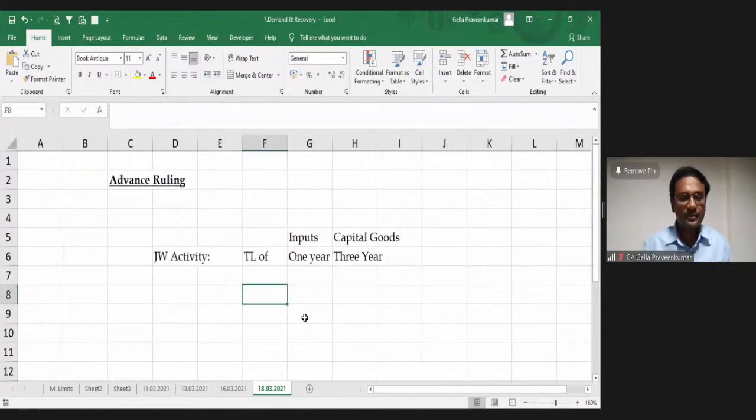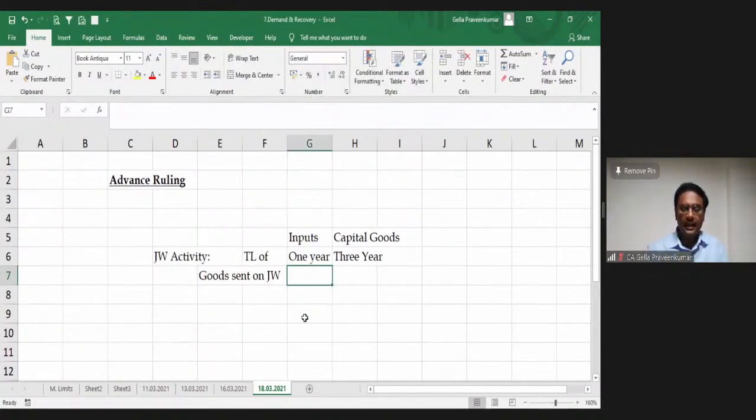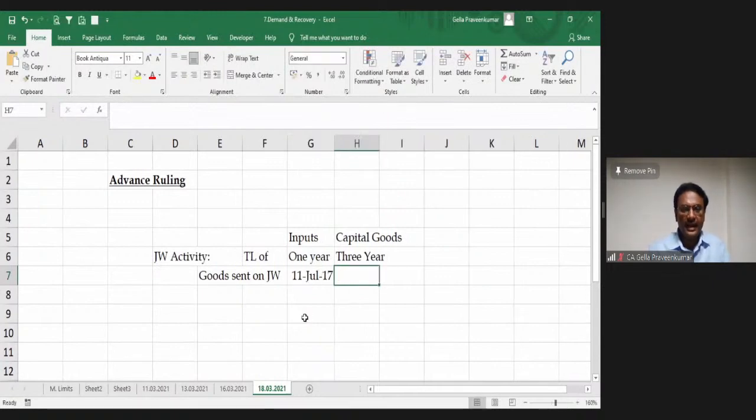Now, say goods sent on job work. My inputs were sent on, say, 11th July 2017, and the capital goods were sent on, say, 15th August 2017.